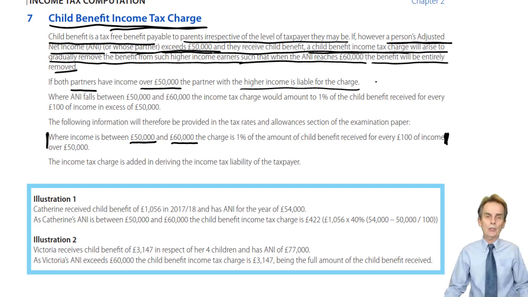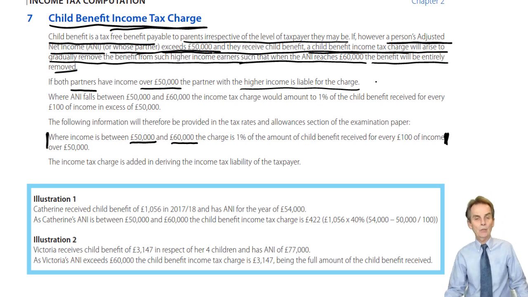So, as long as the taxpayer's adjusted net income does not exceed 50,000, there is no child benefit income tax charge. If the adjusted net income of the taxpayer or the partner of the taxpayer exceeds £60,000, then the amount of the child benefit income tax charge will be equal to the amount of the child benefit.